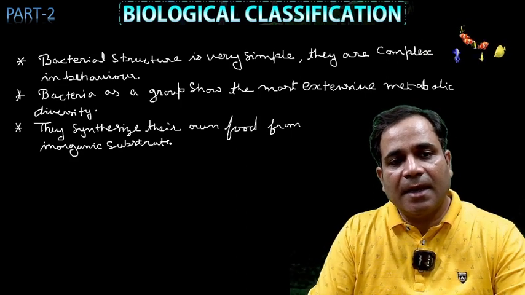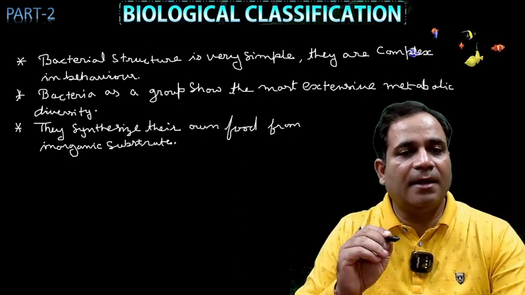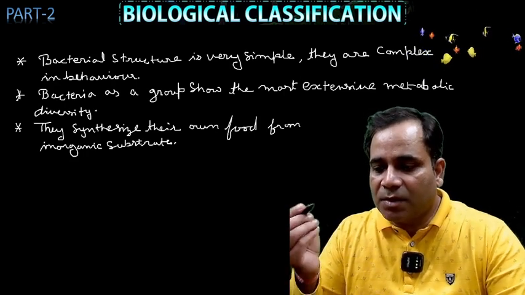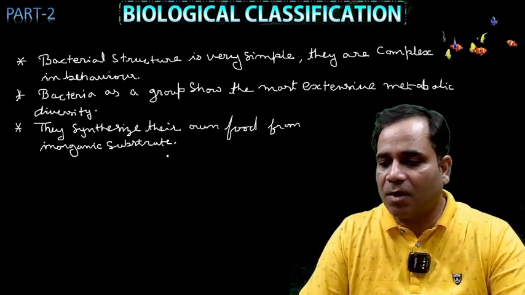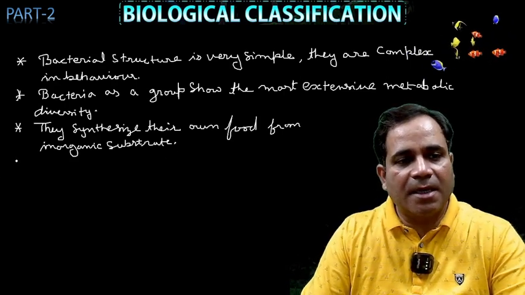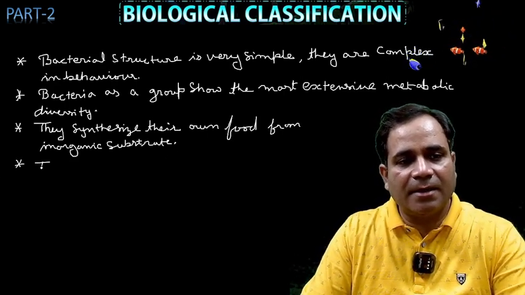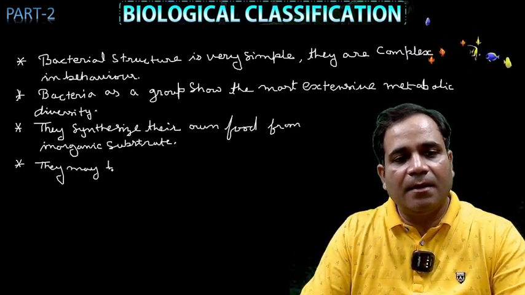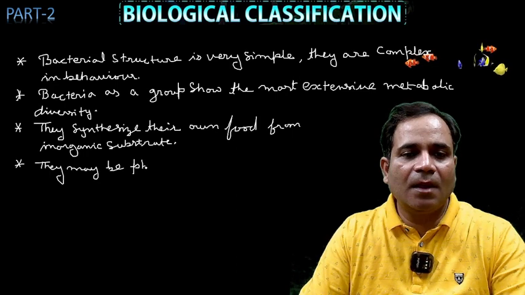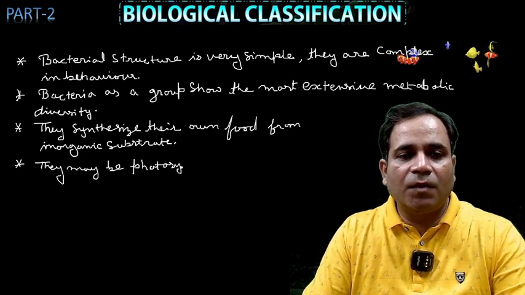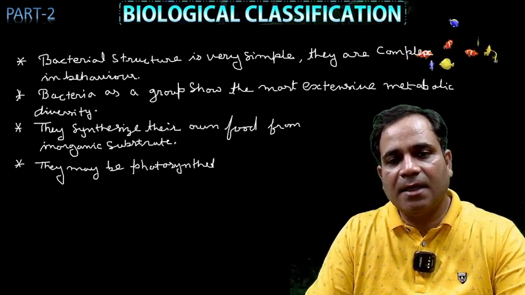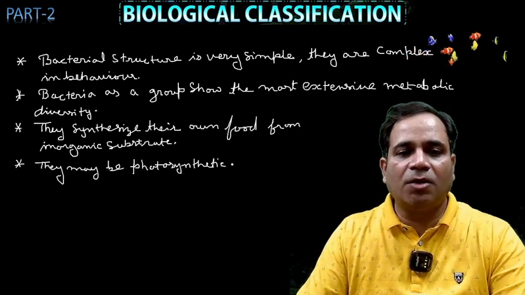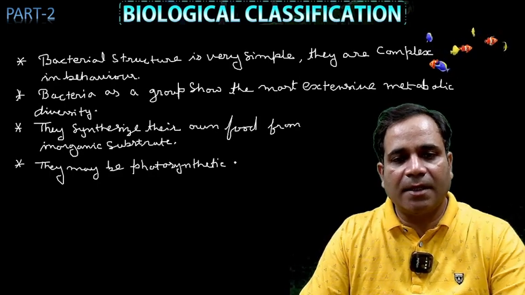Whatever the bacteria, they can synthesize their own food from inorganic substrates. So they may be photosynthetic, autotrophic, or chemosynthetic. In the next point, they may be photosynthetic.